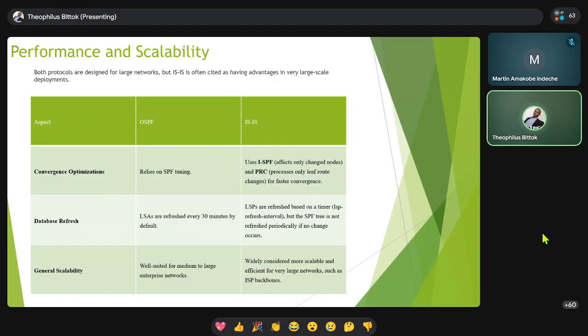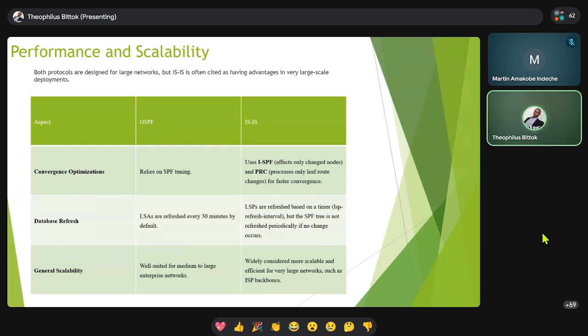But for ISIS, it's just going to check the ones that are affected. So this one makes ISIS have better convergence compared to OSPF.